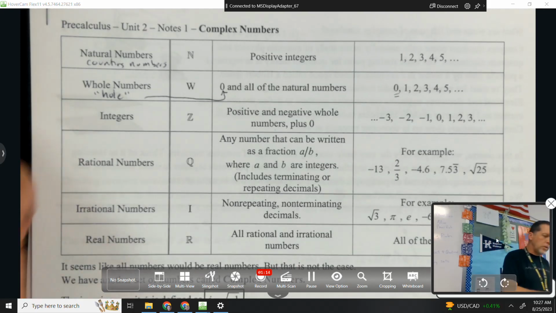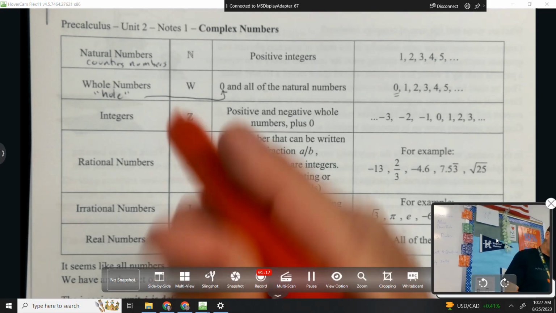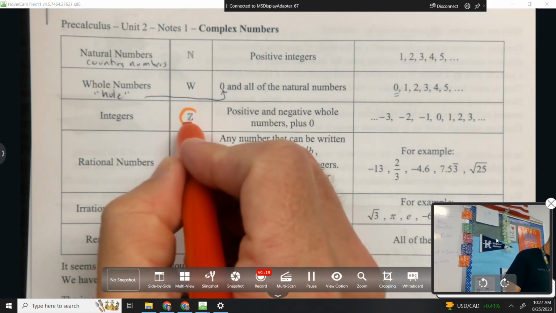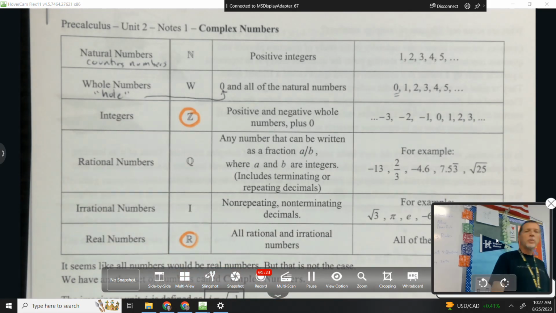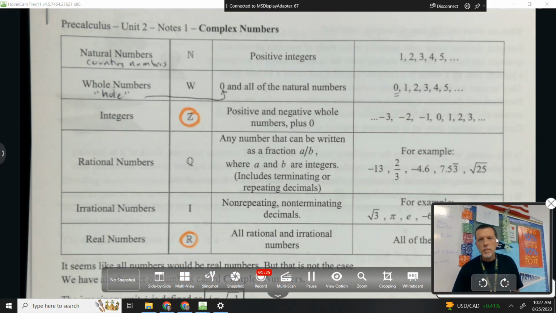You may not know that we use the fancy Z for integers to represent all the integers, just like we use the fancy R for real numbers. Those are the two most common of the fancy letters we use. If you get into math theory stuff, you can use the others, but most of the time, Z and R will cover what we need to do.